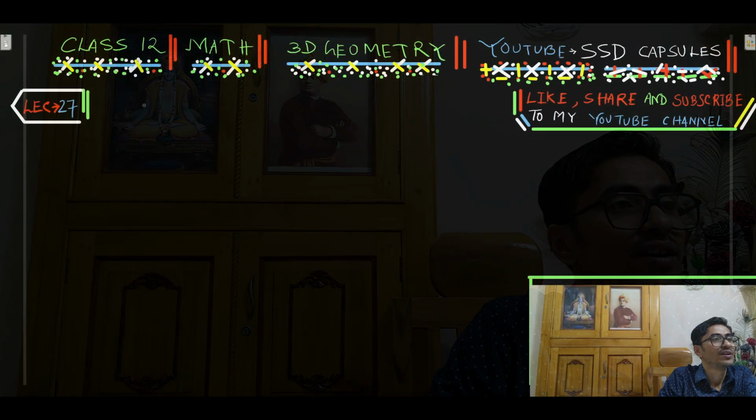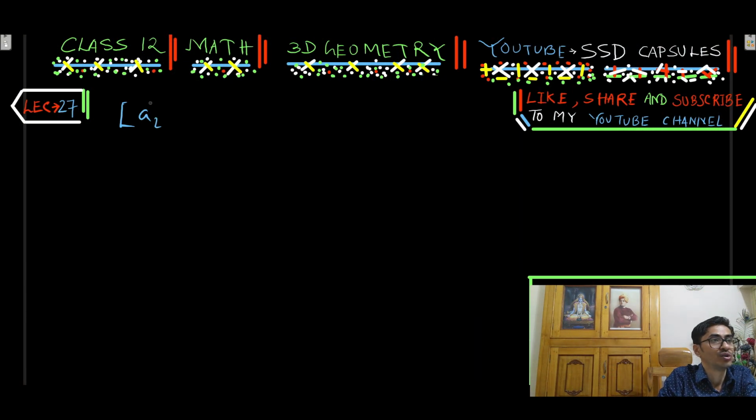Now we are going to see the Cartesian form. Here you can observe that one vector is dotted with two vectors in a cross product, so this is nothing but the scalar triple product. So we can write this as the box product A2 A1 B1 B2 equal to 0.